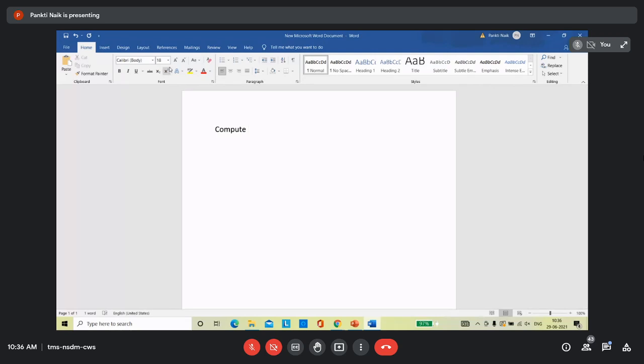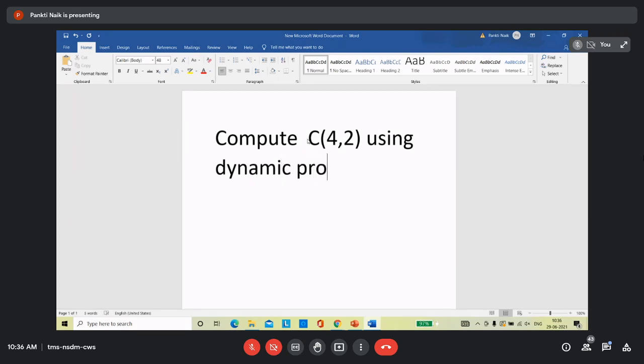Compute C(4, 2) using dynamic programming.